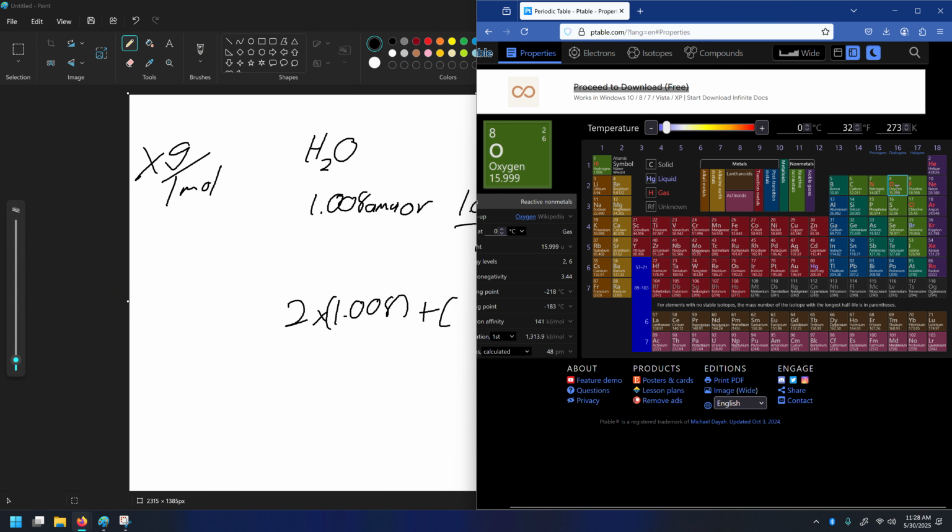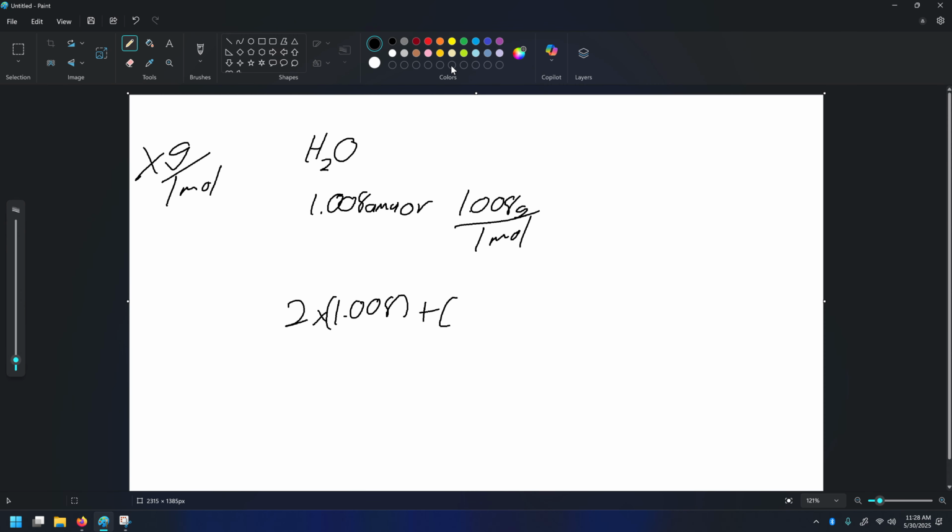Taking a look again at the periodic table here, I see 15.999. Moving back over, we've got 15.999. If I've followed through on this calculation, it should tell me how many grams per mole the molar mass of water is.